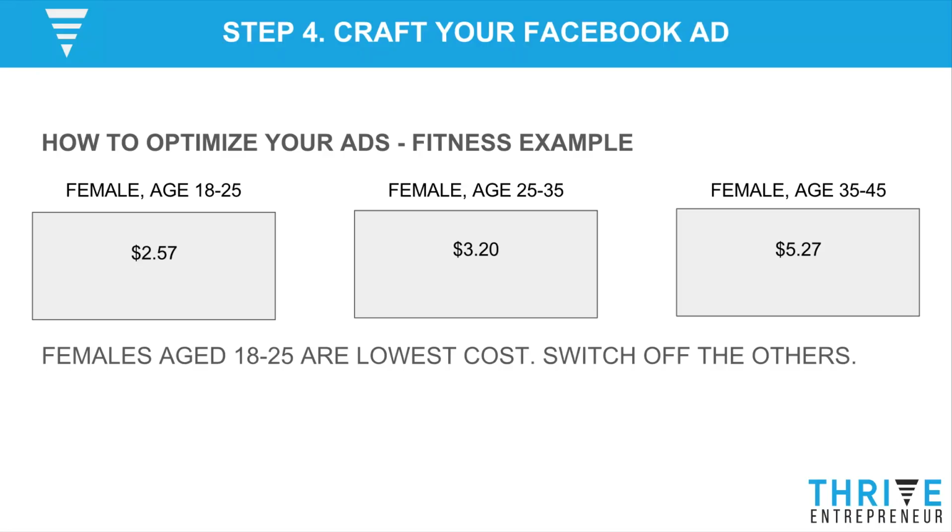That's because most people who like that particular fitness celebrity, Kayla Itsines, are 35 or under. So that gives us a good idea. We're going to switch off the two others and just leave the 18 to 25 running, so you can get the lowest cost per lead in that bracket.